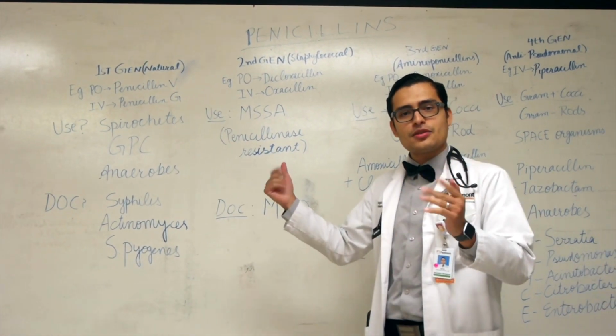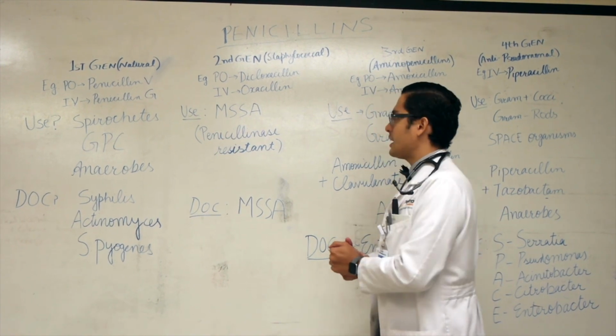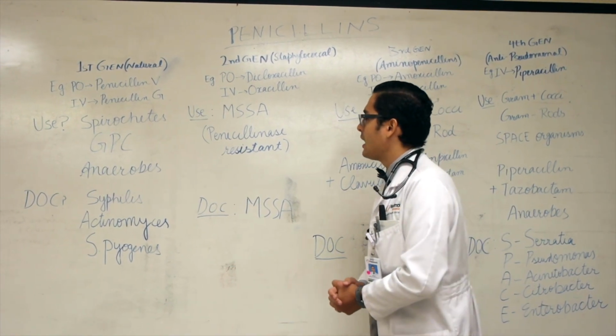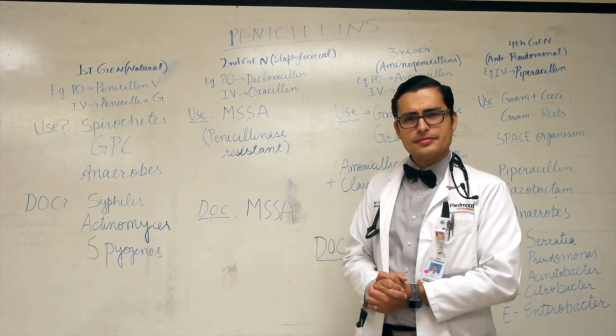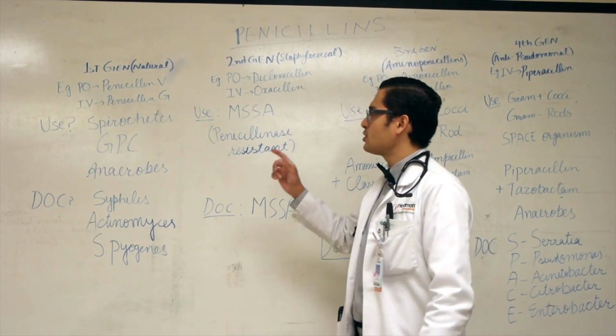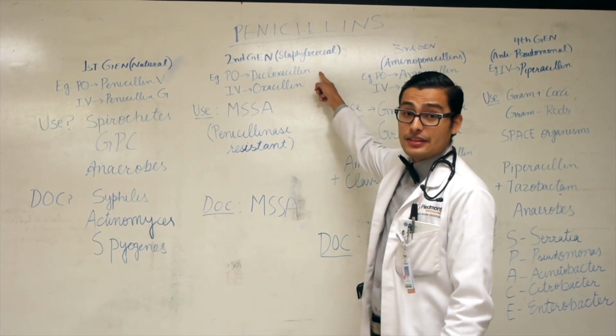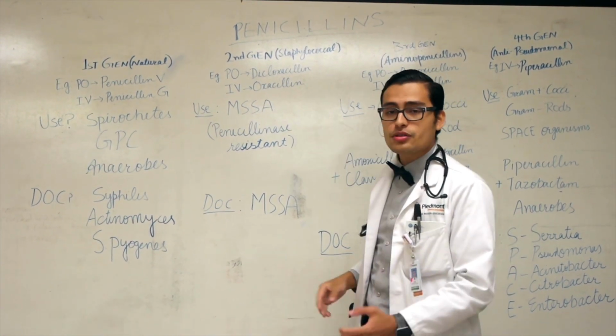Let's move to the second generation of penicillins, also named the anti-staphylococcal penicillins. Do you know any examples from it? We have here some examples, PO and IV. In the PO, we put dicloxacillin and in the IV, oxacillin.